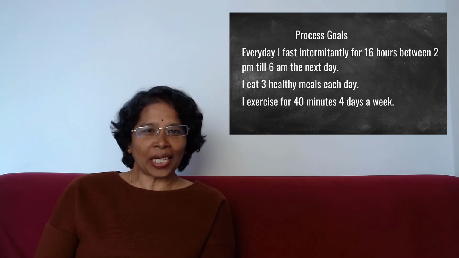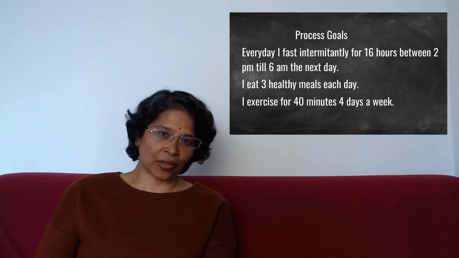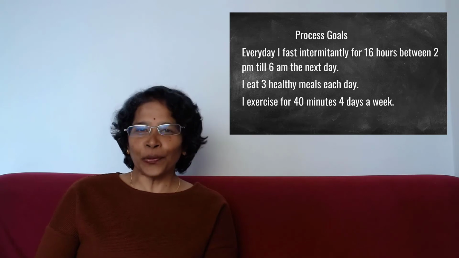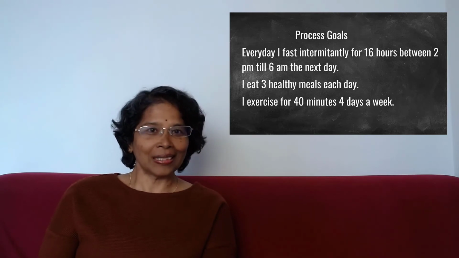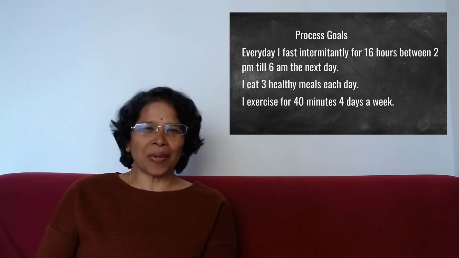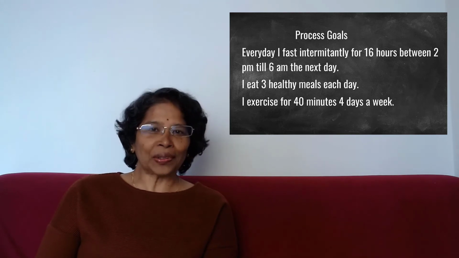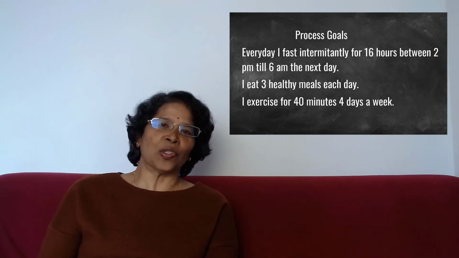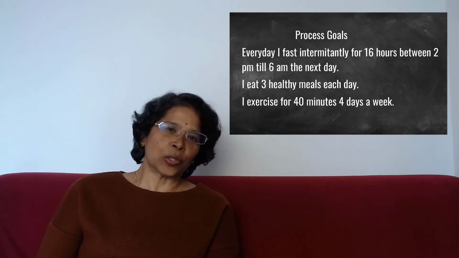Now, if you look at these process goals, they're also the blueprint for you to execute. So these process goals spell out exactly what you need to do in order to achieve your outcome goal. Let's go through each one of them.